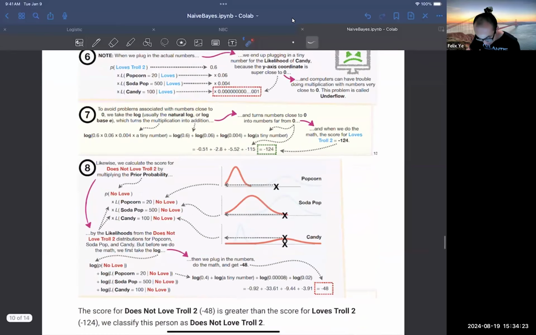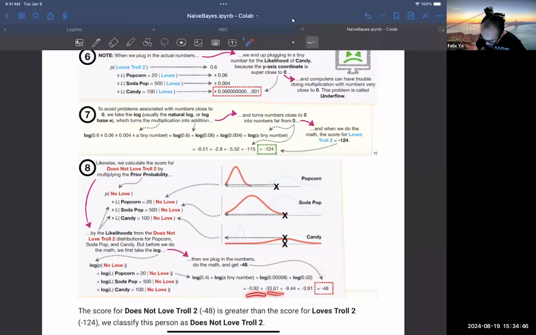Then we do similar things to calculate the score for the person not liking Troll 2. We do the same trick: instead of multiplying the probabilities, we take the logarithm and sum them together. In this case, we find the score is minus 48.